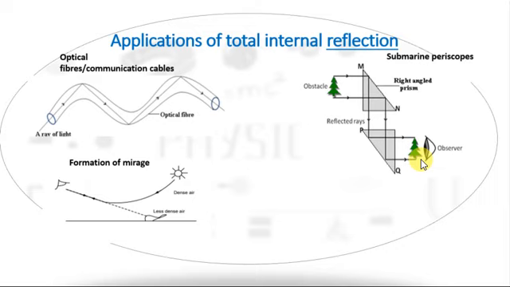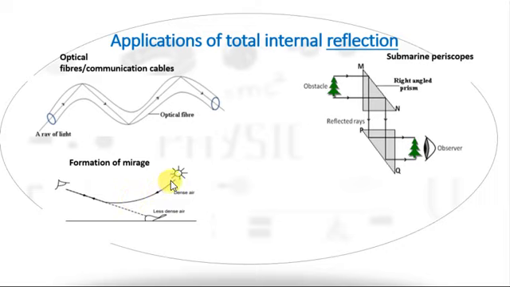Now what happens during a hot day? You know the earth is very hot, meaning the air above the earth will be hot, and we know when an object is hot, it expands and becomes less dense. So as a ray comes from the sun through the air towards the ground, the air above the ground is hot and less dense, so it will be bending away from the normal until a point is reached when it is totally internally reflected.